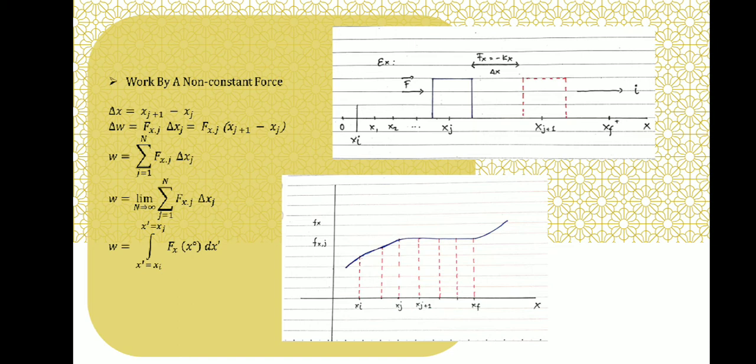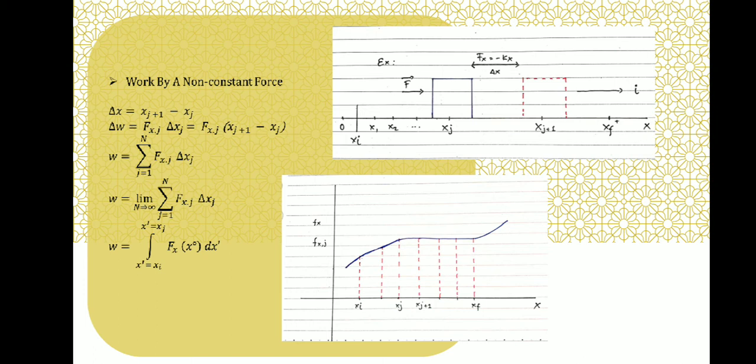What we're doing is making the displacement smaller and smaller, and taking this sum from j equals 1 to n of Fx of xj times delta xj. Its summation limit is by definition the integral of the force with respect to x prime.